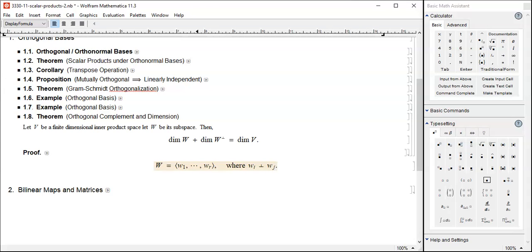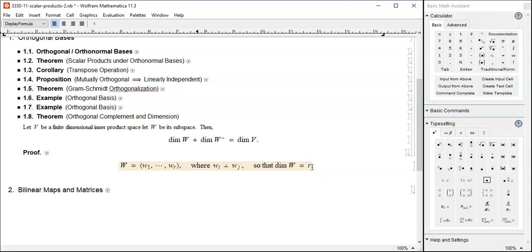You can write like this. You can use Gram-Schmidt process, so you can always find out orthogonal bases, so W can be written like this.